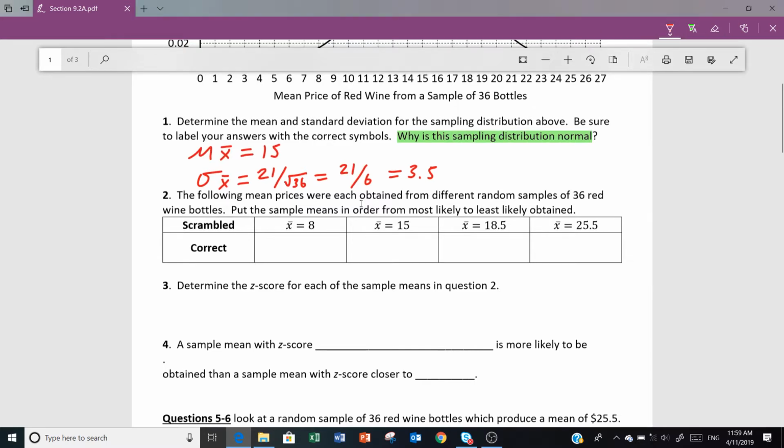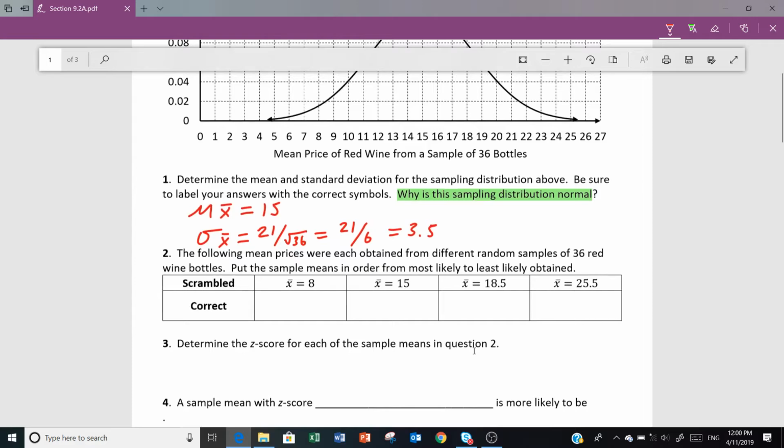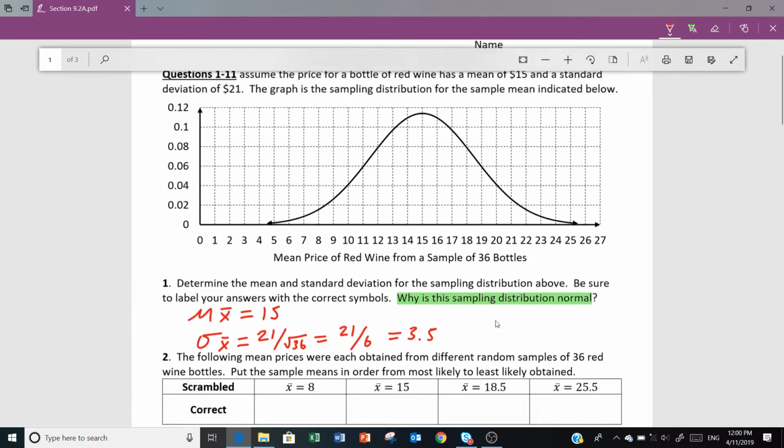Okay, number 2. I'm looking at different sample means here. 4 different samples, each obtained from different samples of size 36. The first one had a mean of 8, second one 15, third 18.5, and the fourth one 25.5. I want us to put these in the order from most likely to least likely obtained.